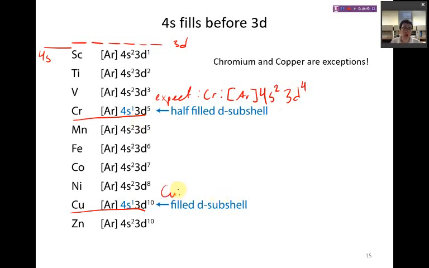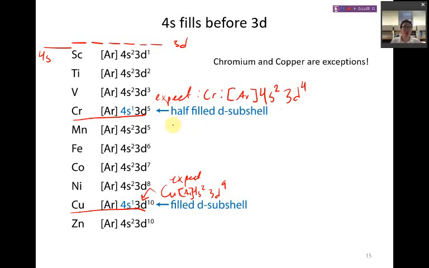Similarly, for copper, we would expect to have an argon core 4s2 3d9. But similar to chromium, we actually have a configuration of argon 4s1 3d10. And the reason for this in depth goes beyond what we really need to know for Chem 110.